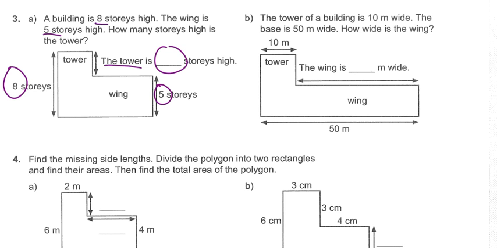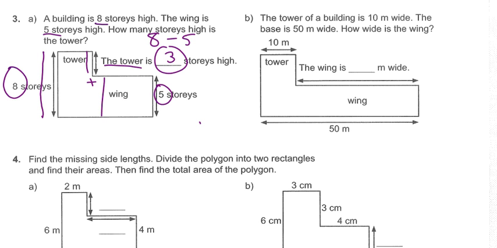How do we figure that out? We go 8, take away 5. We know that I have to add 3 to 5 to get to 8. So use what you know about this length over here being this length plus this length, right? And then you'd be able to figure it out. So it happens to be 3 stories high, okay?